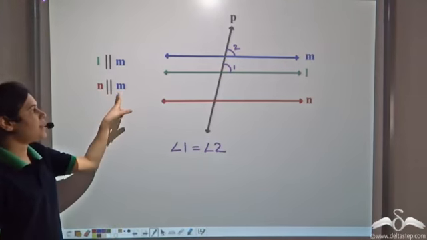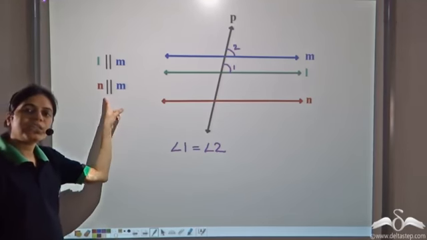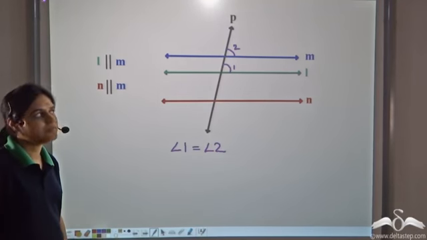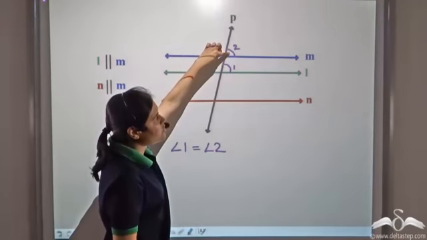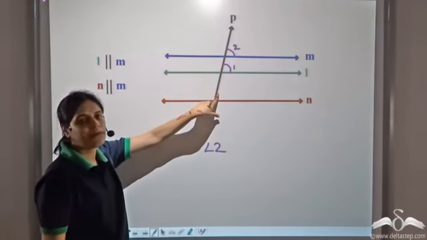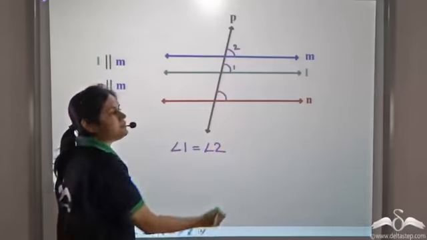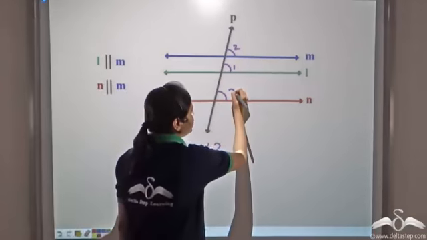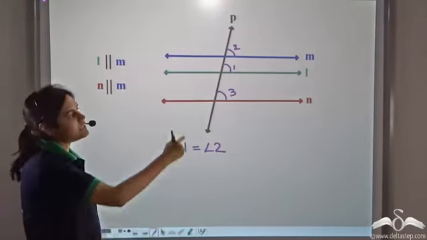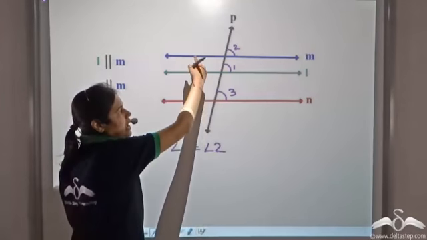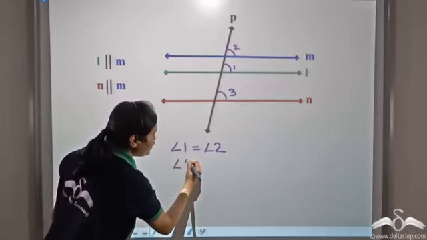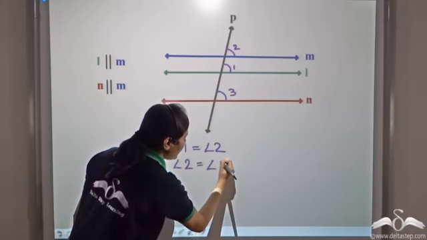Now N is parallel to M. So again their corresponding angles will be equal. What is the angle corresponding to this on M? This angle. Let me call this 3. So since N and M are parallel, we can say angle 2 is equal to angle 3.